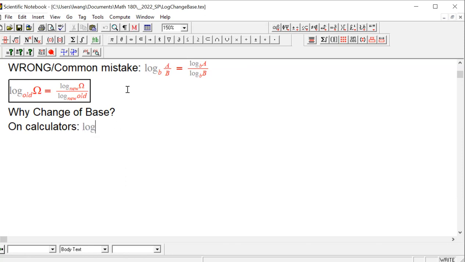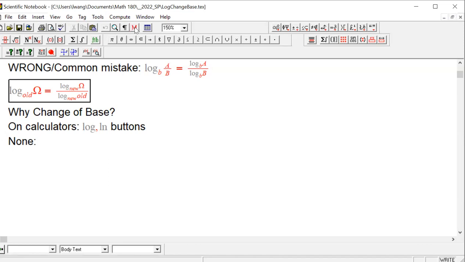The log button or the ln button. That's about all. We don't have buttons like these usually. None of these.